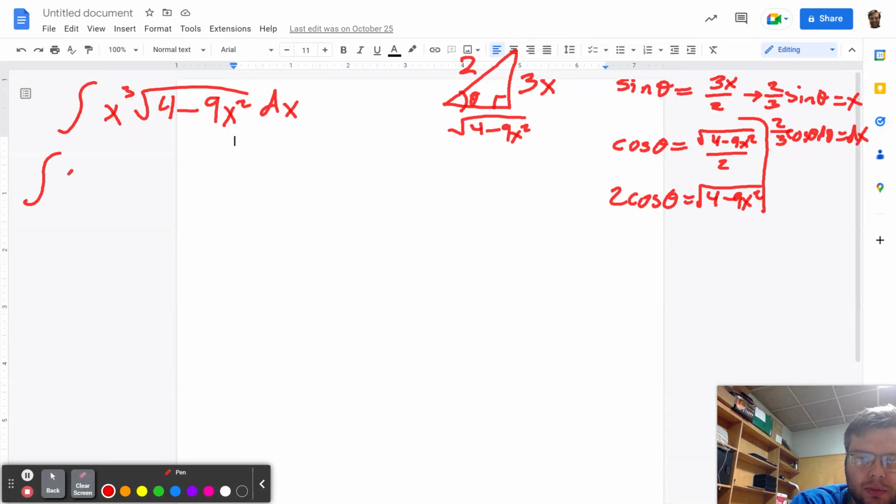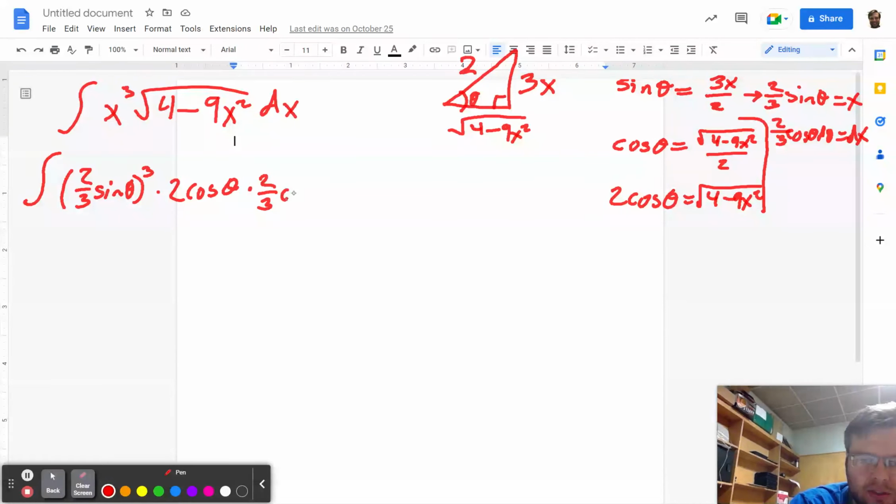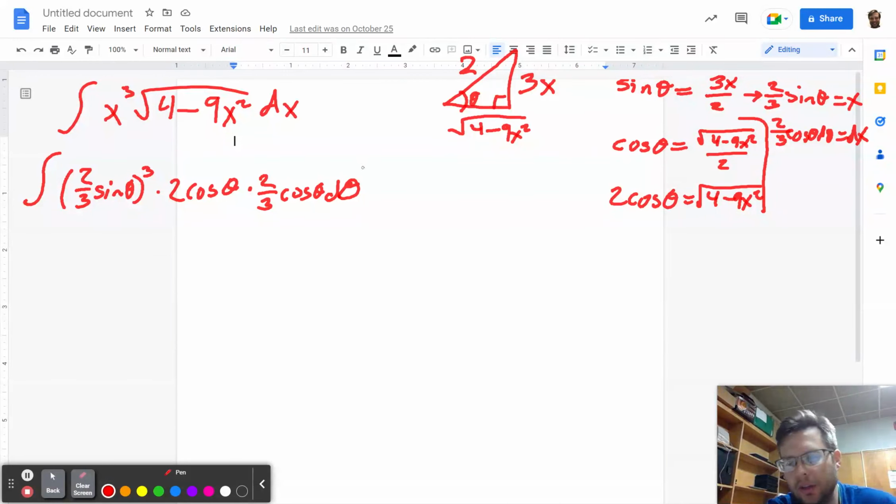So x cubed is 2/3 sine theta cubed. The square root is 2 cosine theta, and dx is 2/3 cosine theta d theta. Now let's move all those constants to the front.